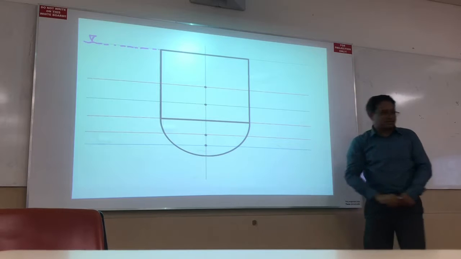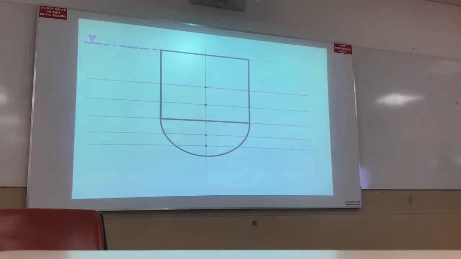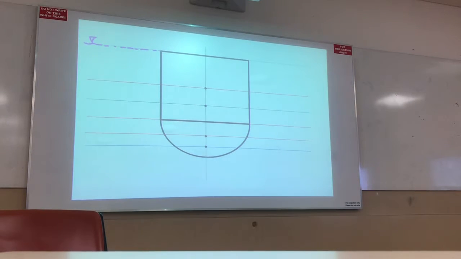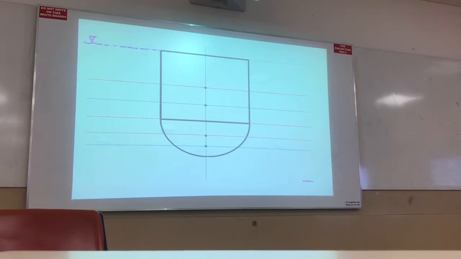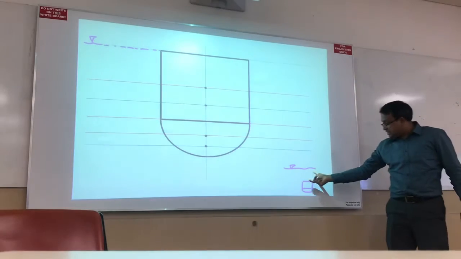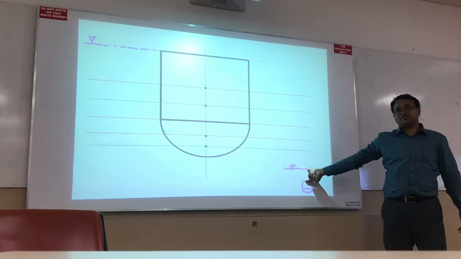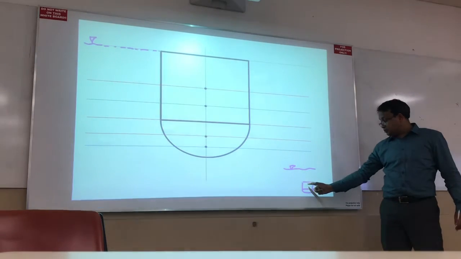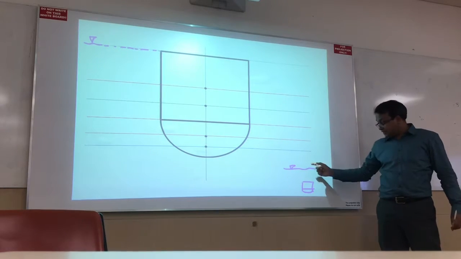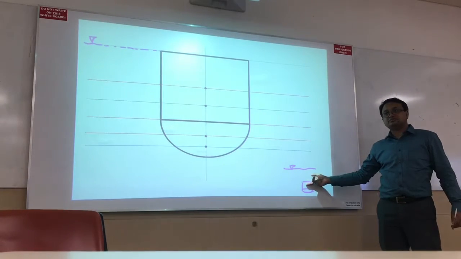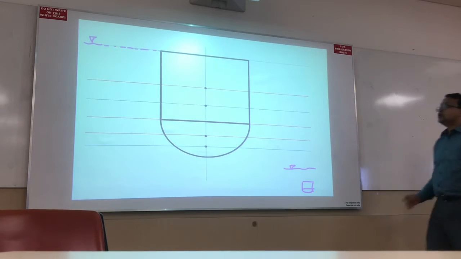For example, if the water is here and the whole shape is something like this, you have to add this additional distance, then add from here to the center of pressure.